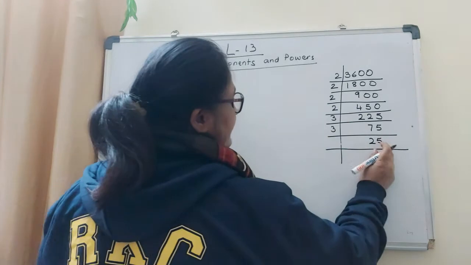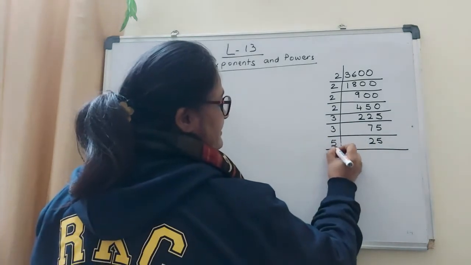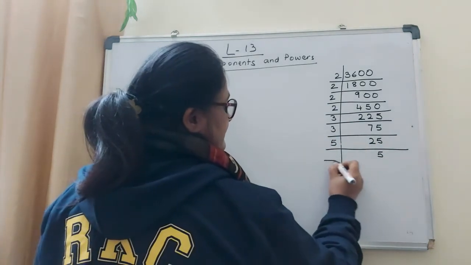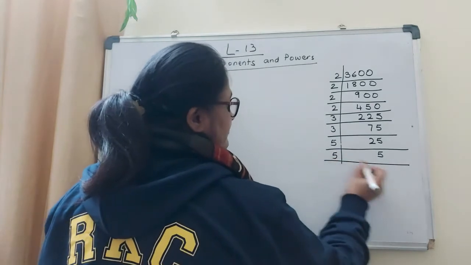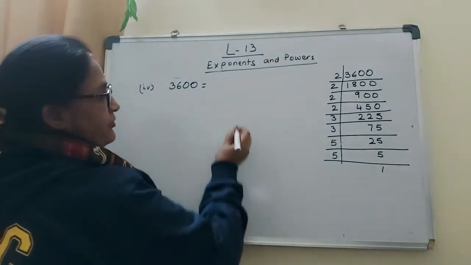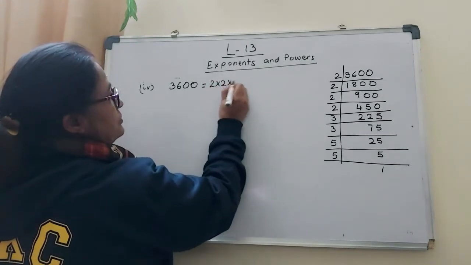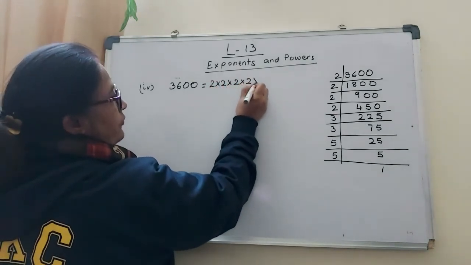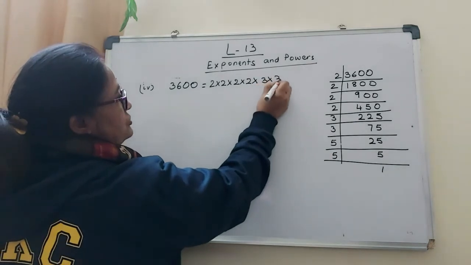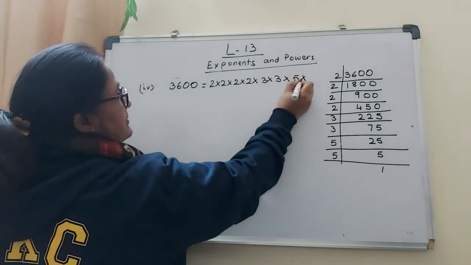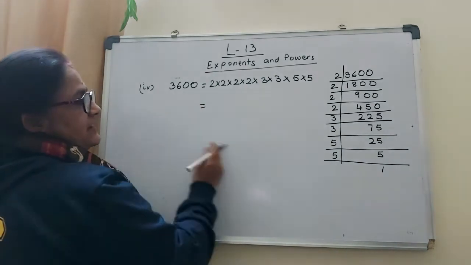Now 25, 5 plus 2 is 7. 25 cannot be divided by 3. It will be divided by 5. 5 ones are 5. So the product of its factors, there are 1, 2, 3, 4.